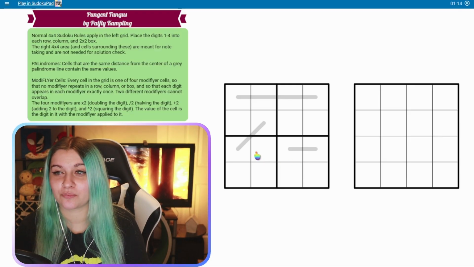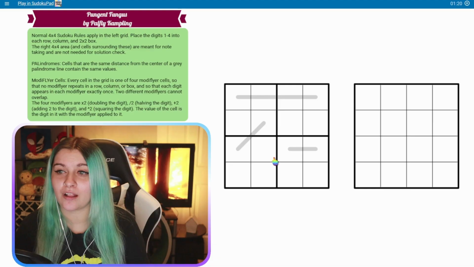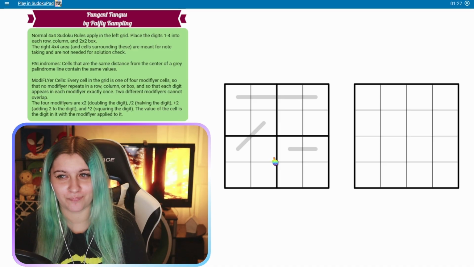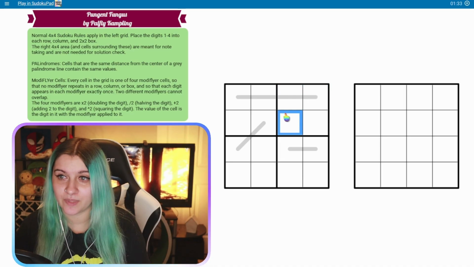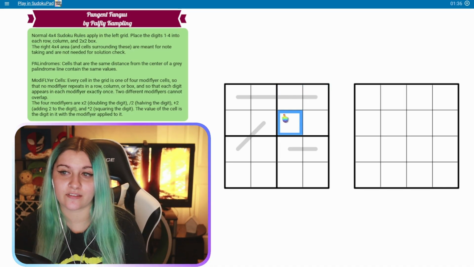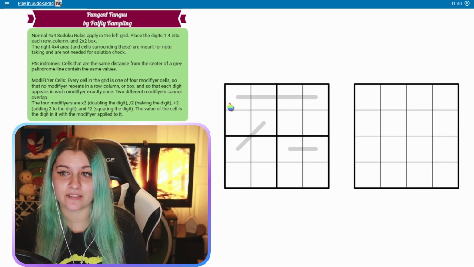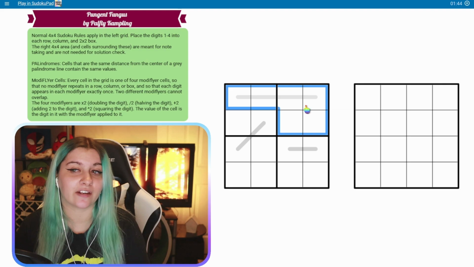Each cell in the grid is one of 4 modifier cells, so that no modifier repeats in a row, column, or box, and so that each digit appears in each modifier exactly once. Oh, 2 different modifiers cannot overlap. Every cell in the grid is one of 4 modifier cells, so we have 4 different kinds of modifier cells.